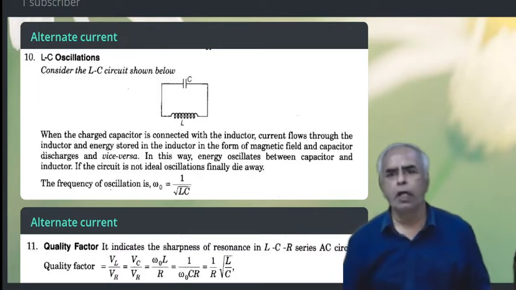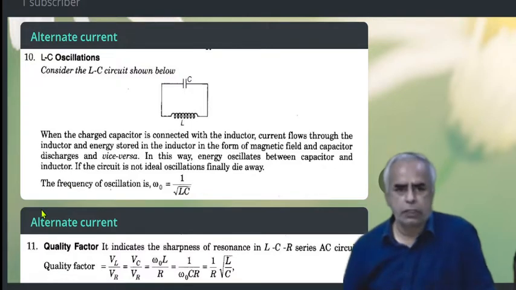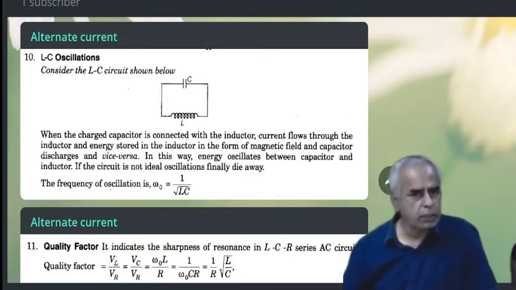Now the capacitor discharges and vice versa. Are you able to follow? That is why the energy oscillates between the capacitor and the inductor. Charge takes place, discharge takes place.